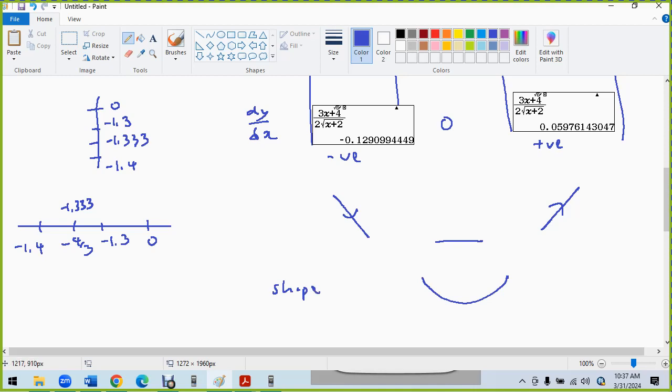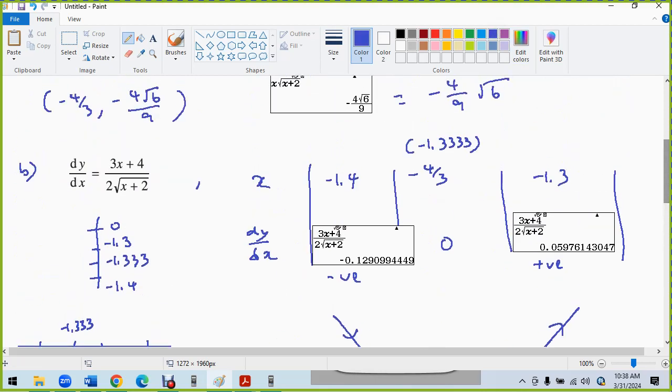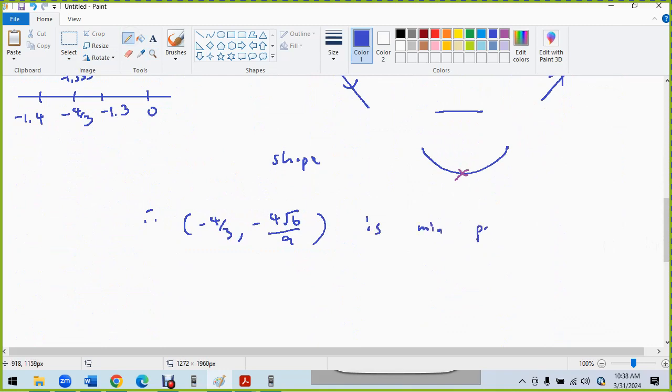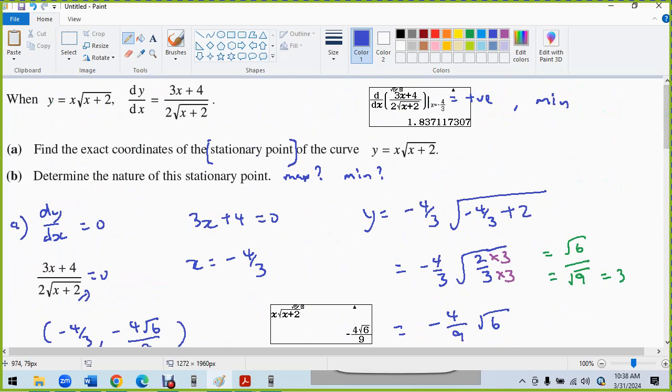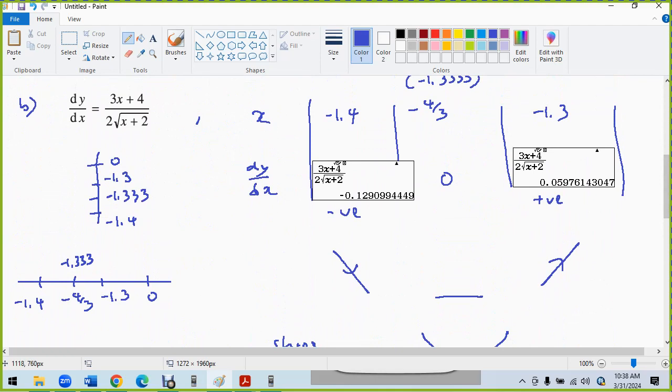Okay, so this is a minimum. So we will do it this way instead of doing the second derivative.